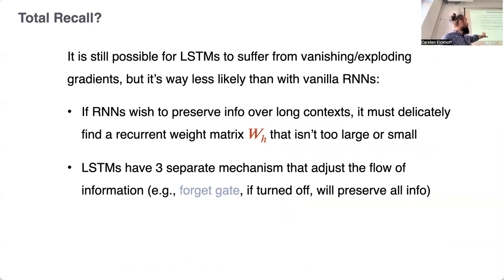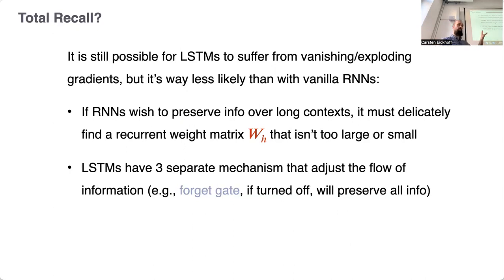You'll see that even despite these explicit controls here, there is still a possibility for vanishing and exploding gradients. So we have no insurance against that. I can't guarantee you that this won't happen. It's much less likely, though. If you think back to your RNN, we are able to carry through facts for a long time, but in order for that to happen, we have to have a very careful balance of multiplications that preserves some of the information as we go through.